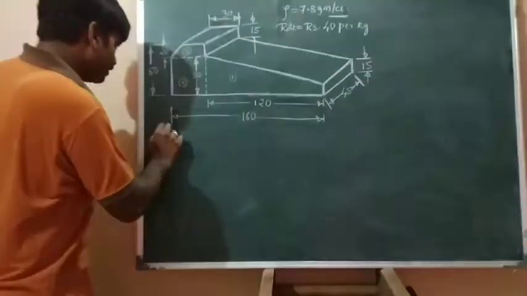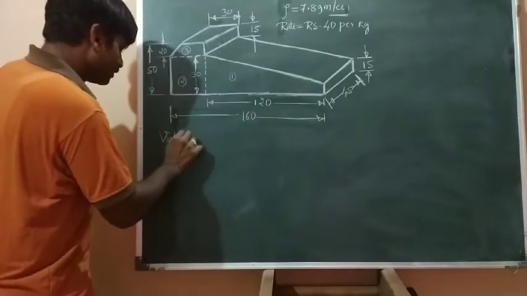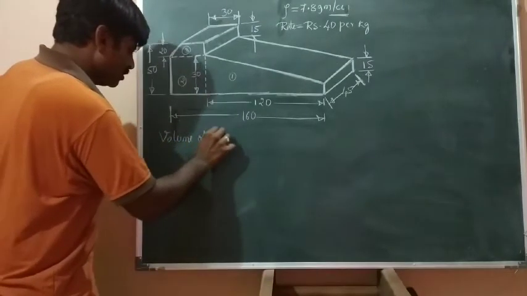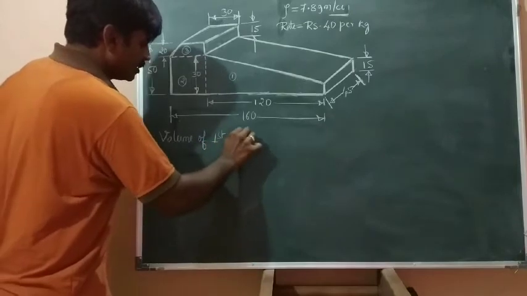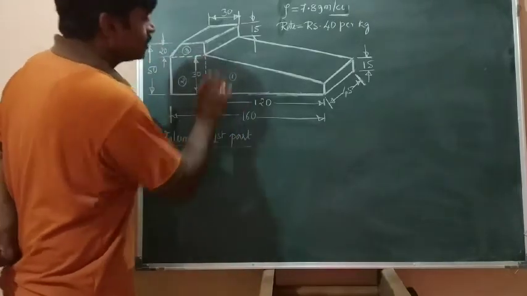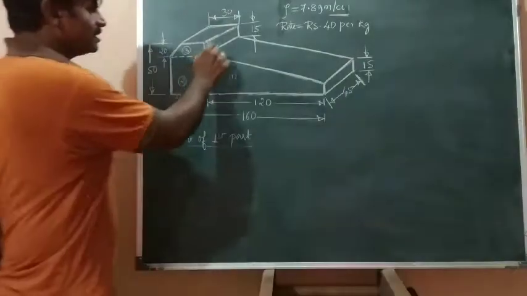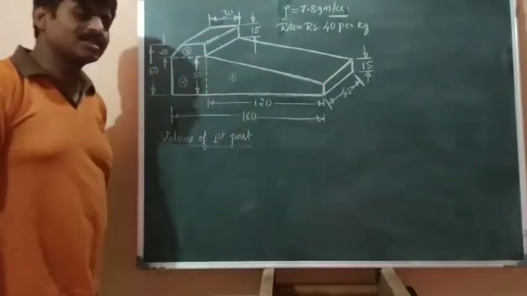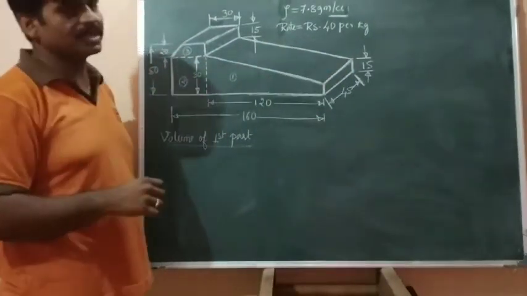So let us consider the volume of the first part. If you observe the figure clearly, it is a trapezoidal section. So how to find the volume of a trapezoidal section?